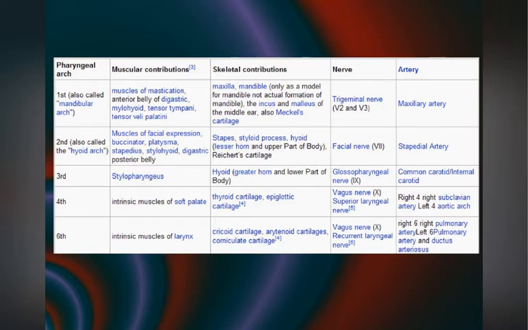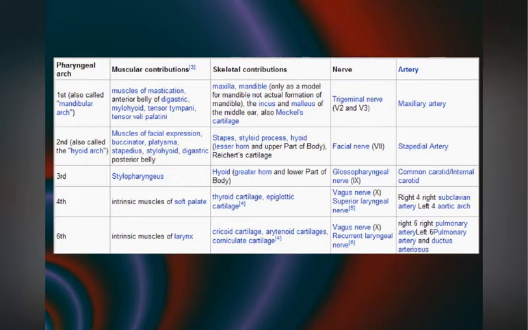We can see here that we have 5 pharyngeal arches. We have the first, second, third, fourth, and sixth. Now notice we don't have 5th pharyngeal arch. We have a 6th pharyngeal arch.